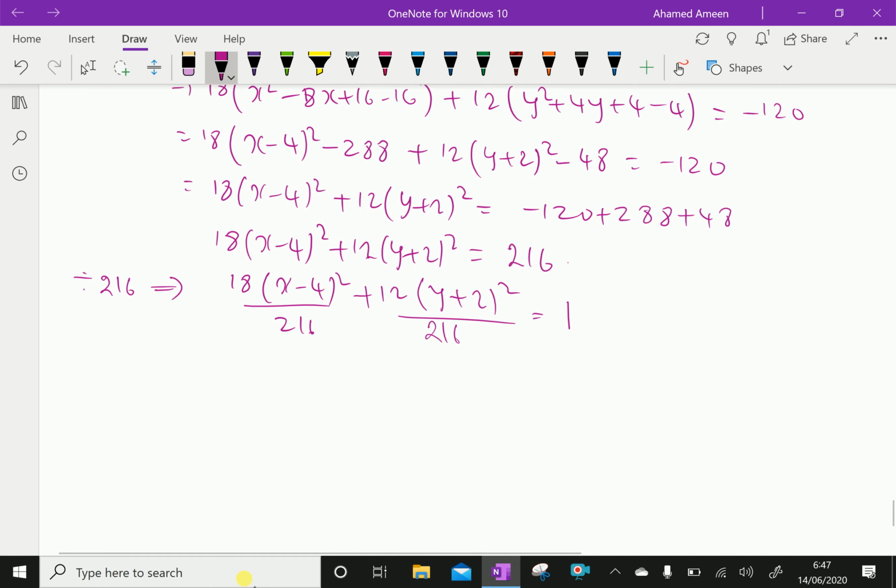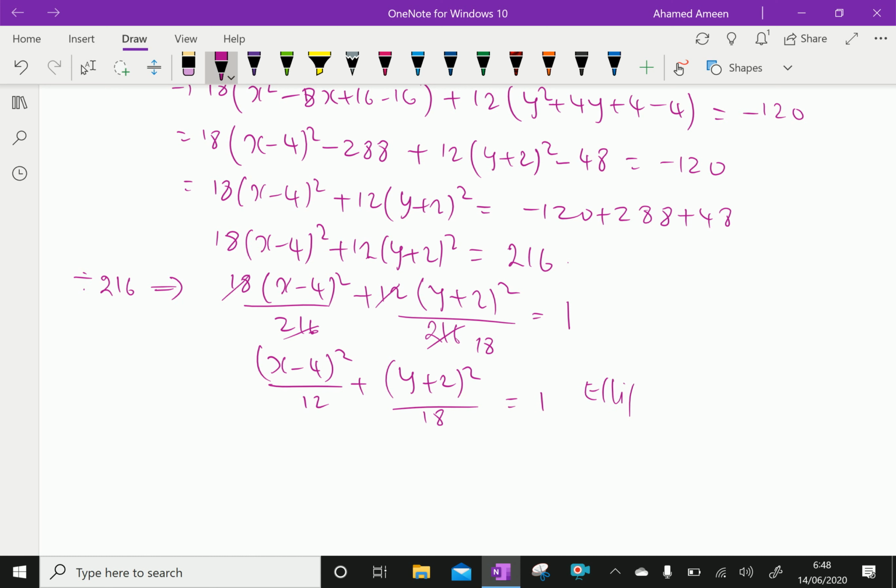Here 18 and 216 cancel, it gives 12, so x minus 4 the square over 12, plus 12 and 216 cancel, giving 18, so y plus 2 the square over 18 is equal to 1. It is an ellipse. It's an equation of an ellipse.